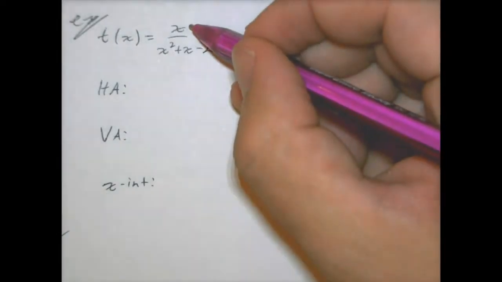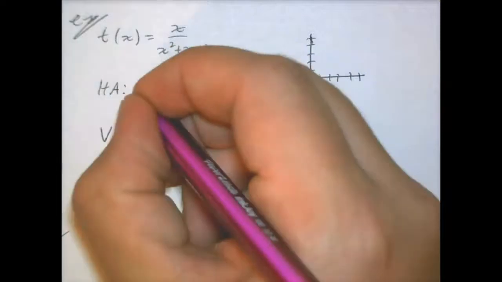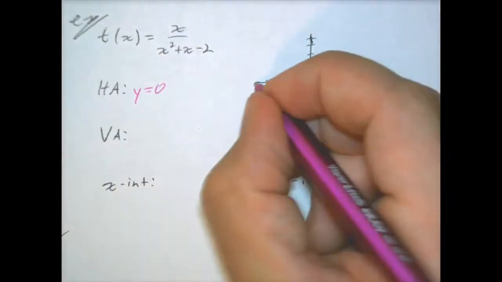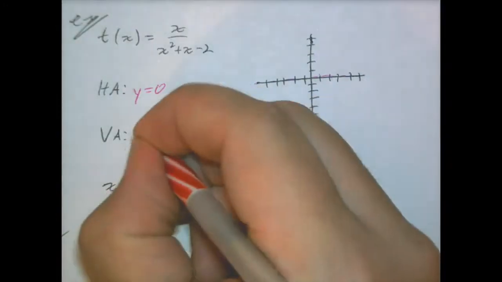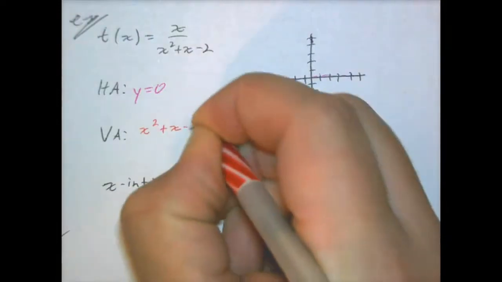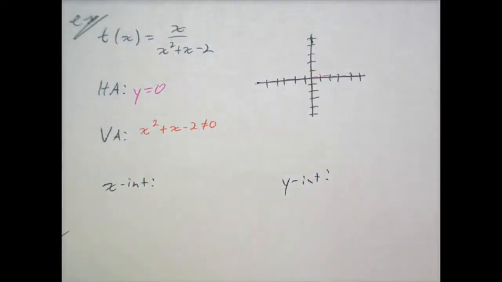Okay, and again, this one I noticed that the degree on top is lower than the degree on bottom, so my horizontal asymptote will be y equals 0. For the vertical asymptote, I take the bottom, set it to 0, and solve. x squared plus x minus 2 cannot equal 0, because you can't divide by 0.